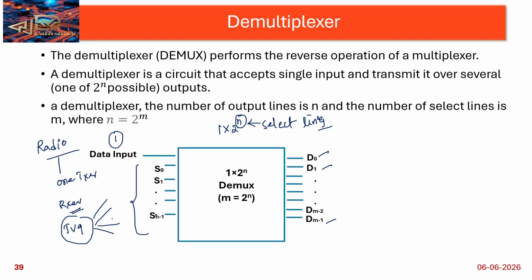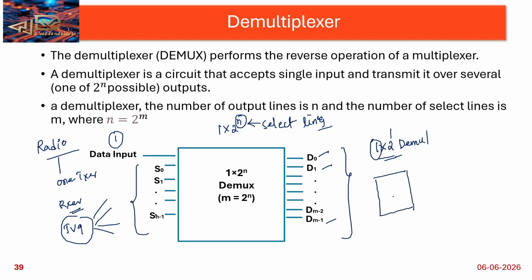So the demultiplexer has data input, then select lines, and then output lines. One single input we are having and multiple output lines we are getting. Those multiple outputs depend on the design. Suppose I want to design a 1 by 2 demultiplexer. That means one input, one select line, two outputs.